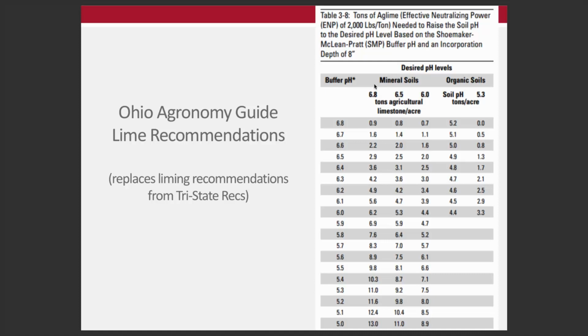Say we're working with a mineral soil, which is the most common soil we find in Ohio, especially ag land, and we want to raise it to a final pH of 6.8. That's going to tell us 2.9 tons of lime. If we want to raise it to 6.5, it's going to tell us 2.5. We're not raising the pH as much, and because of that, our lime rate goes down. And conversely, to 6, it's going to go from 2.5 to 2.